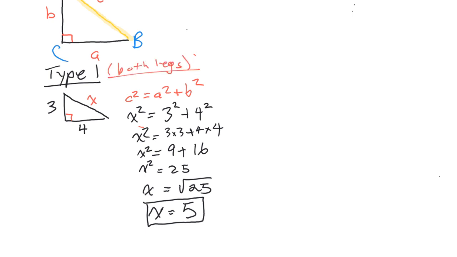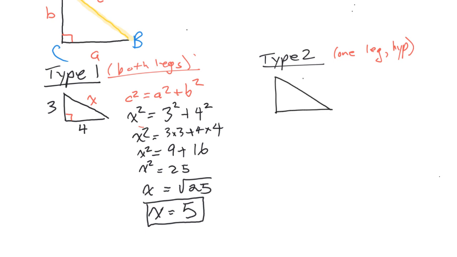Now, for type 2, we have a slightly different configuration to do the calculation. In this case, we're going to have one leg and one hypotenuse. So, for example, imagine if we had something like this. We knew the hypotenuse, but we knew one side.